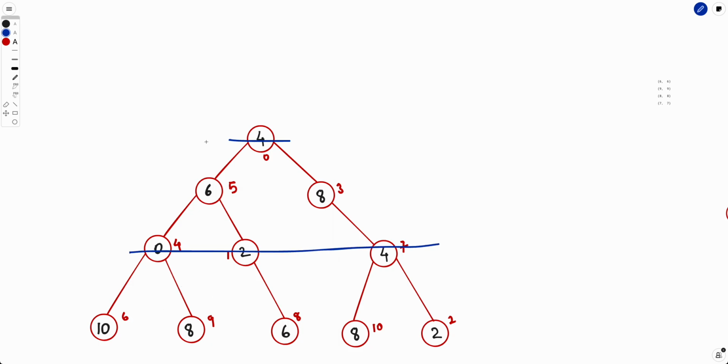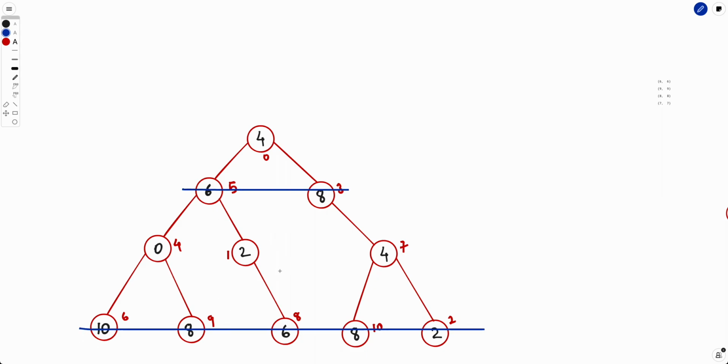Let's say you take all the nodes in the first level, all the nodes in the third level, similarly all the nodes in the fifth level, and so on. This is one possible choice. A second possible choice is the nodes of the second level, the fourth level, and so on.